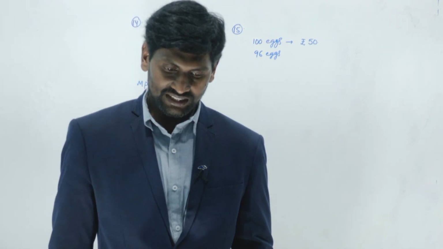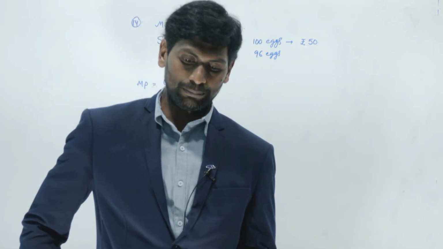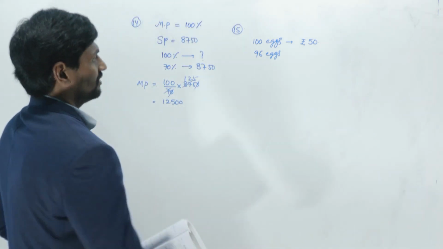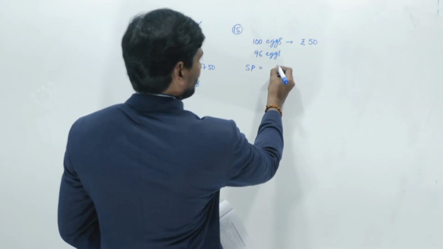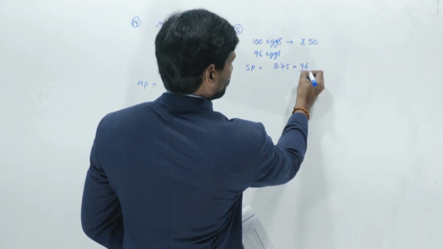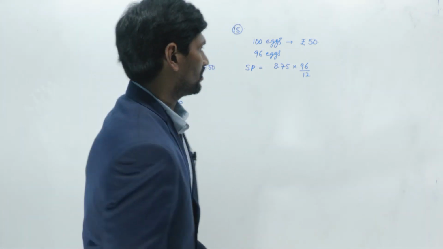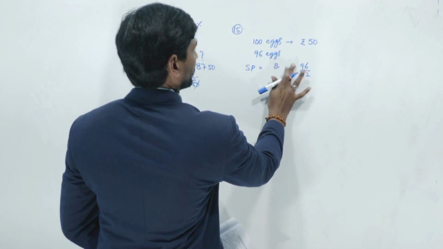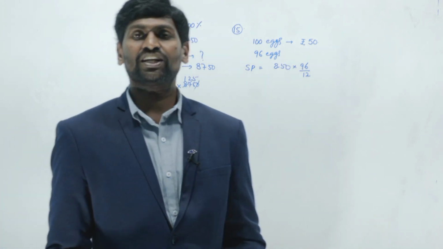Next, he sold the remaining eggs at the rate of 8.50 rupees per dozen. Find his gain or loss percent.